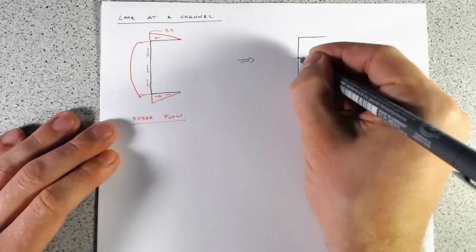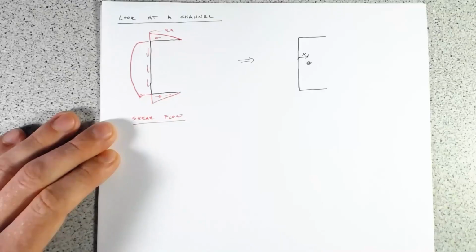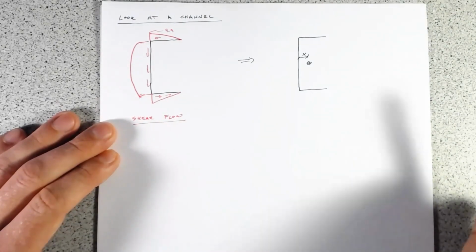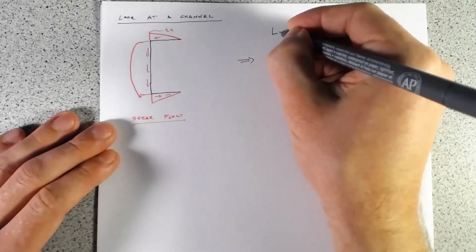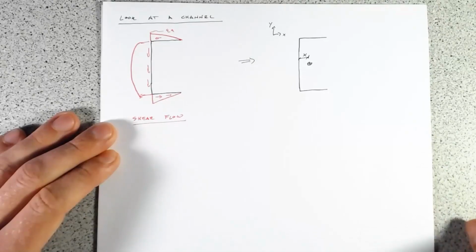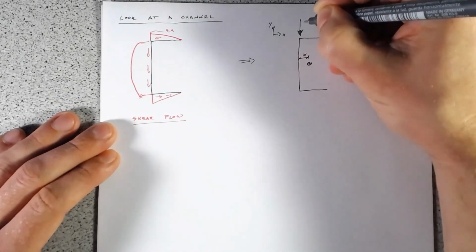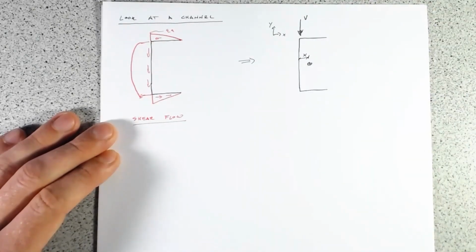And we'll say that that's some distance x from the center of the web. And we'll put our coordinate system up here, x, y, and we have our applied shear force, V.